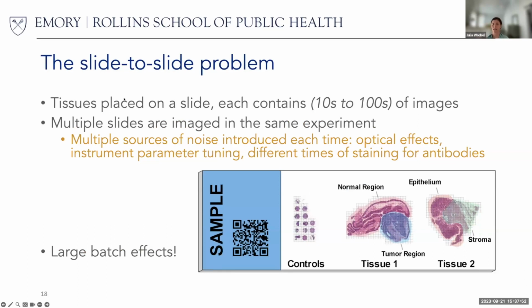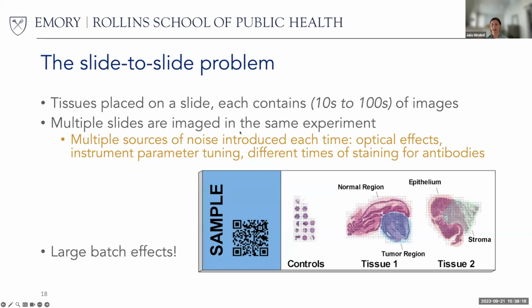There's something with this data called the slide-to-slide problem. Tissue is placed on a slide and it is imaged. Each slide contains tens to hundreds of images, because each of these little boxes is actually an image. You're zooming in really close when you're looking at this data. But then you'll also image tens to hundreds of slides for each experiment.